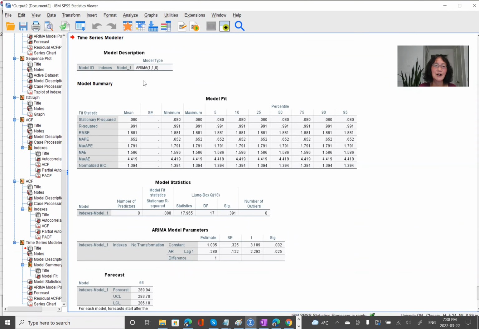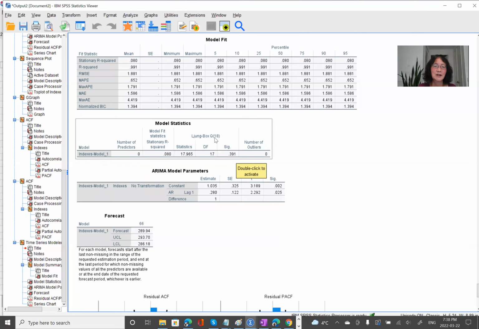Okay, and this is our output. We use the ARIMA 110 model. And this is the statistics about model fit: mean value, minimum, maximum, etc. In the model statistics, we have this Ljung-Box Q statistic. Looks like a pretty good model.